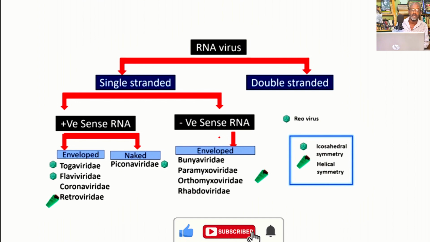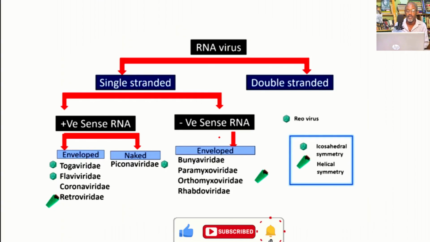Next, Picornaviridae is given as an example. The single-stranded negative sense enveloped viruses are Bunyaviridae, Paramyxoviridae, Orthomyxoviridae, and Rhabdoviridae. These are given as examples.